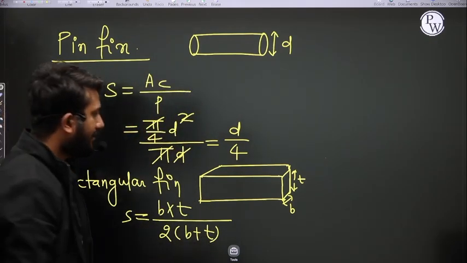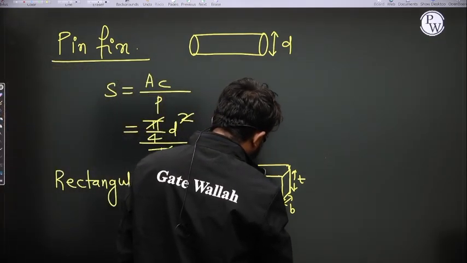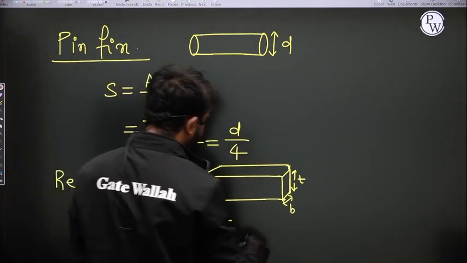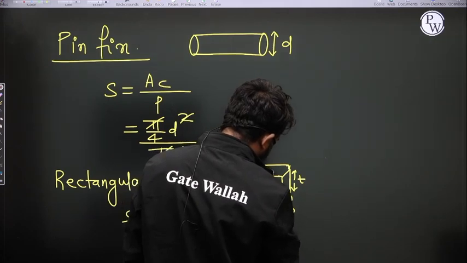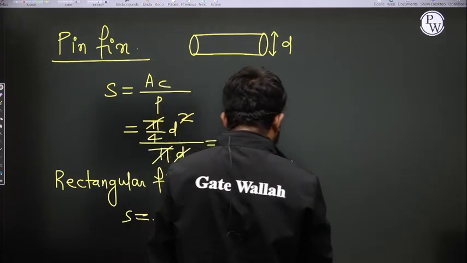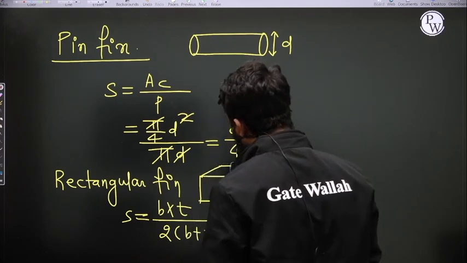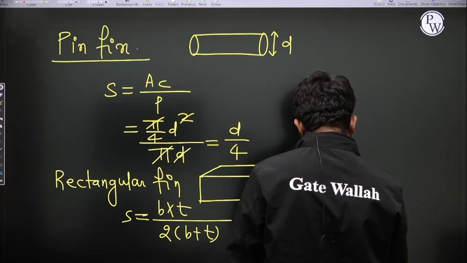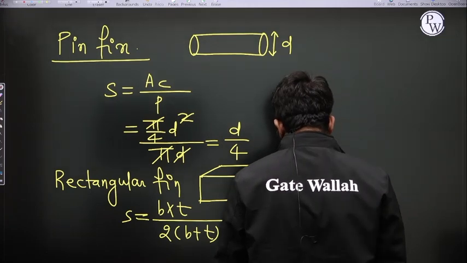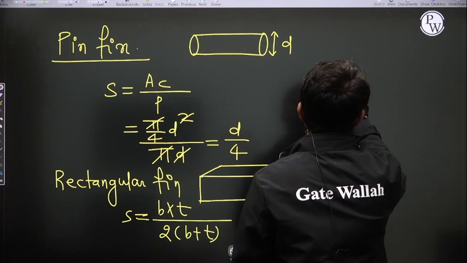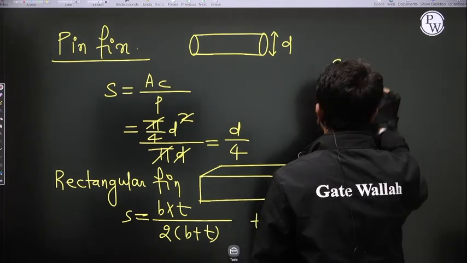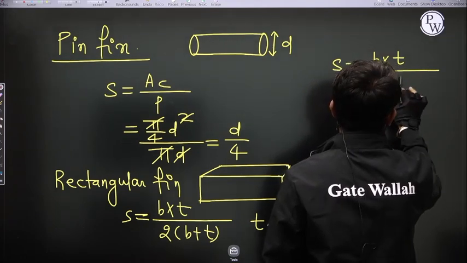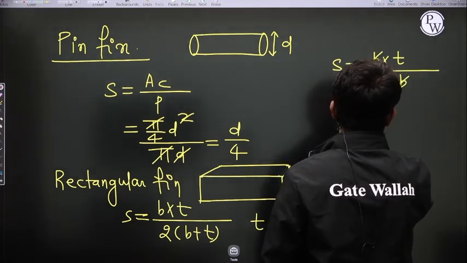If T is very small as compared to B, the fin thickness being small, then B plus T is equal to B. So S is equal to B into T divided by 2B. B cancels out, so S is equal to T by 2.